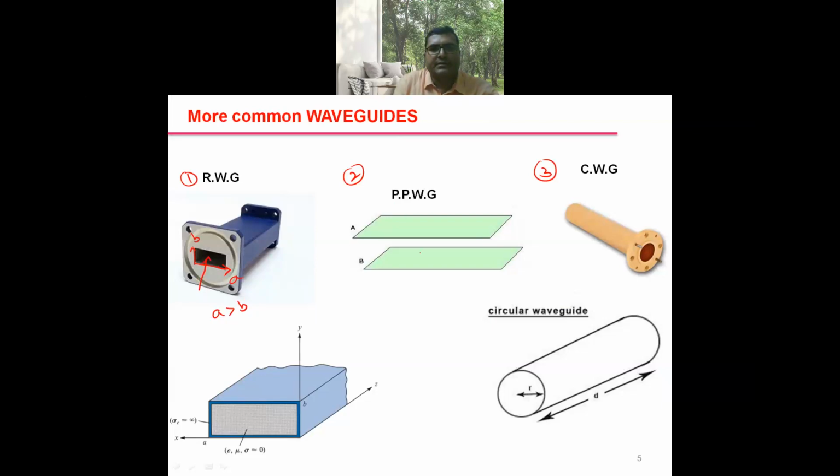In a parallel plane waveguide, the electromagnetic wave is guided between two parallel planes separated by a distance a. In a circular waveguide, the cylinder has the radius r and d is the length of the cylinder.